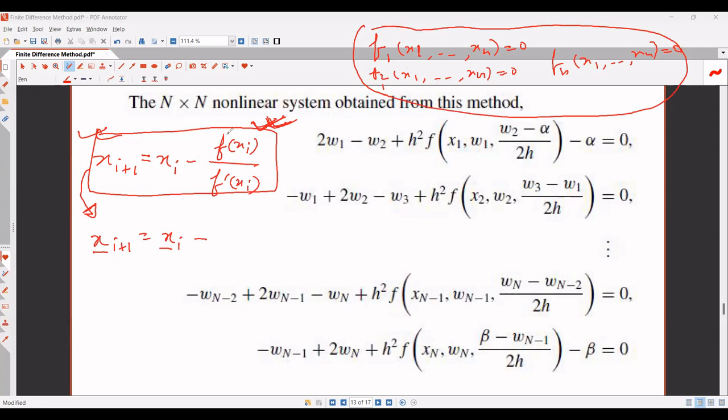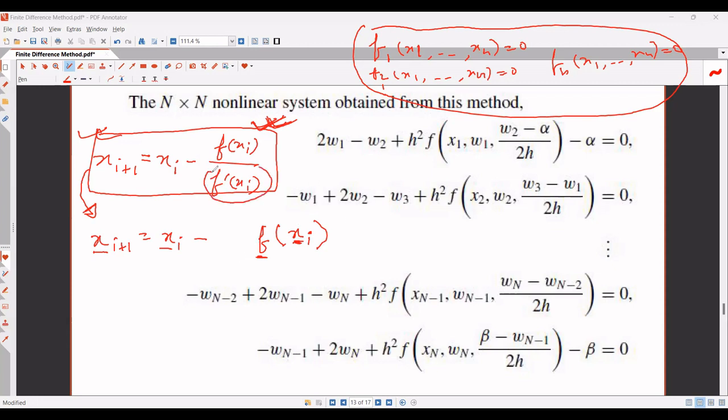So when we write f of x i for the system, but not for the single variable, we mean that we are evaluating each function at the point x i, which is an n-dimensional point. This x i vector is an n-dimensional point, but you must remember that we do not have a single function f, but a collection of functions. So this is a vector as well. So the final outcome is a column vector.